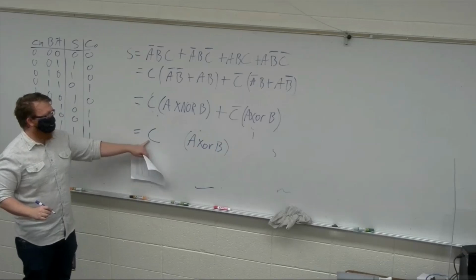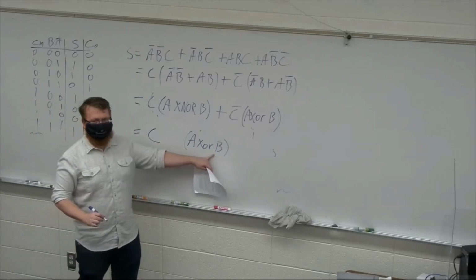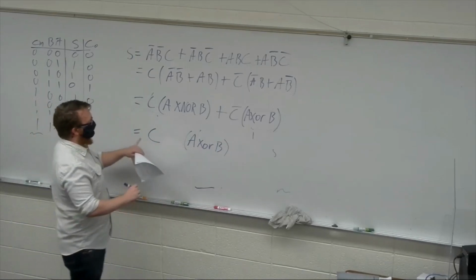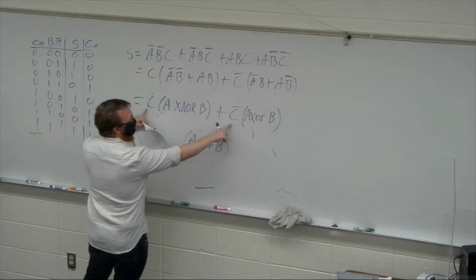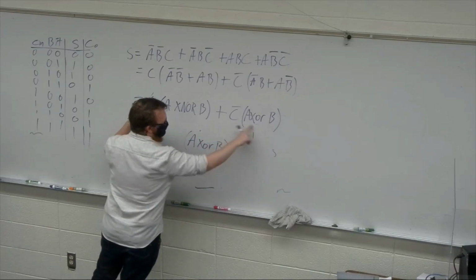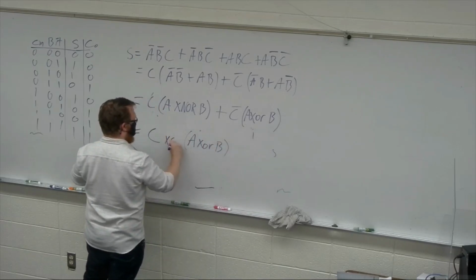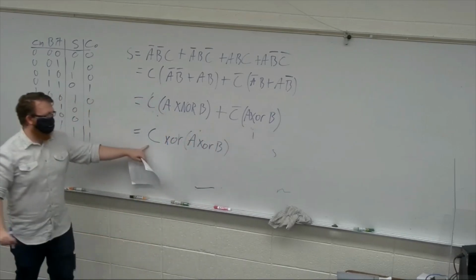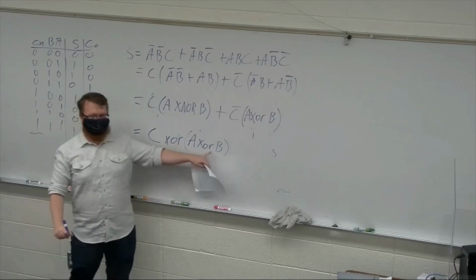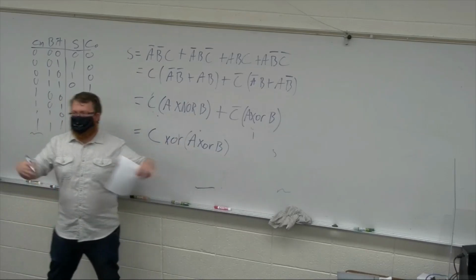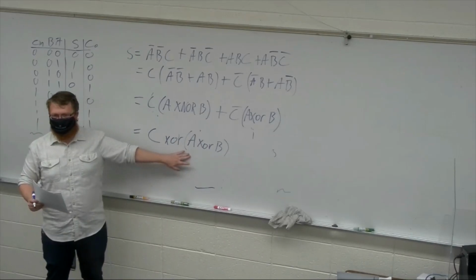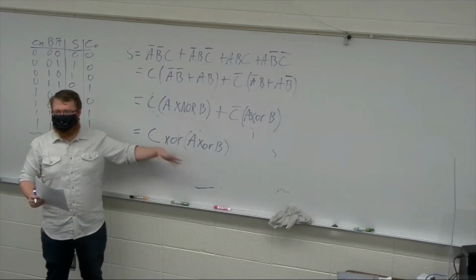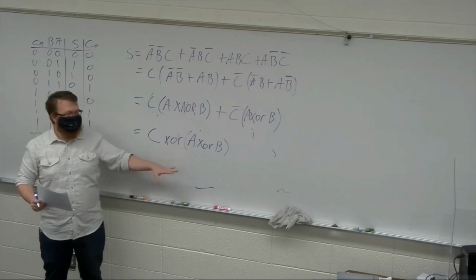So if I have C something A XOR B, it turns out that exclusively if I have C, or I have not C and this, I can just write it as C XOR A XOR B. Now, due to the order of operations, these parentheses don't matter, but it's helpful to visualize what's actually going on.